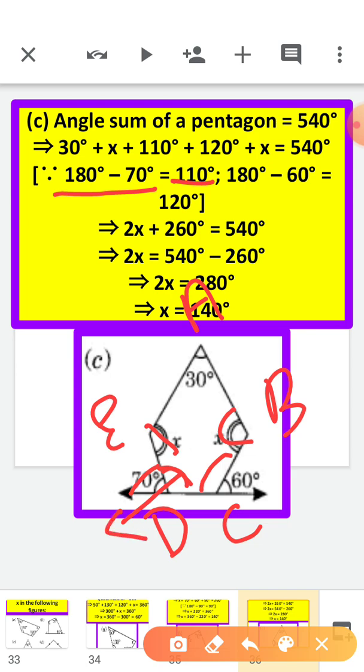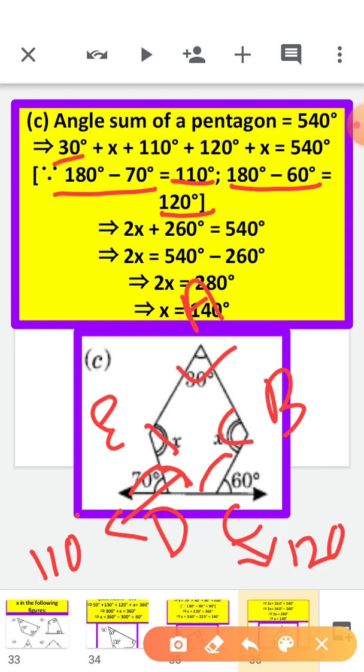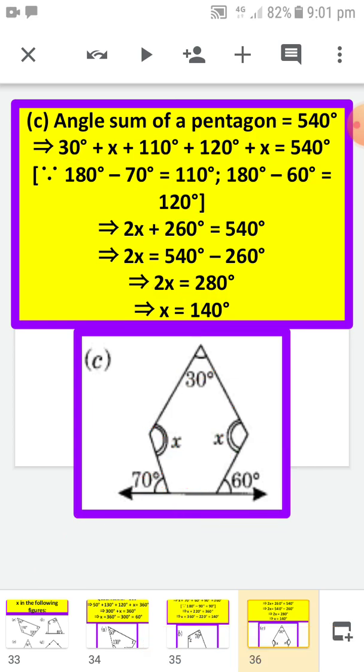So this D represents 110 here. So let's talk about C. 180 minus 60 gives you 120. So this C represents 120 here. So angle sum property of pentagon is 30 plus x plus 110 plus 120 plus x gives you 540. So at the end you will get 140 after solving the equation.